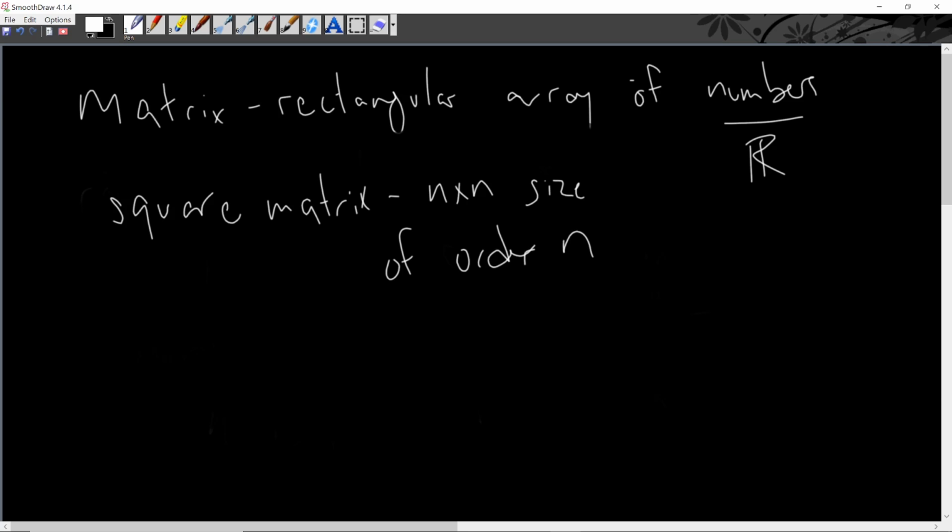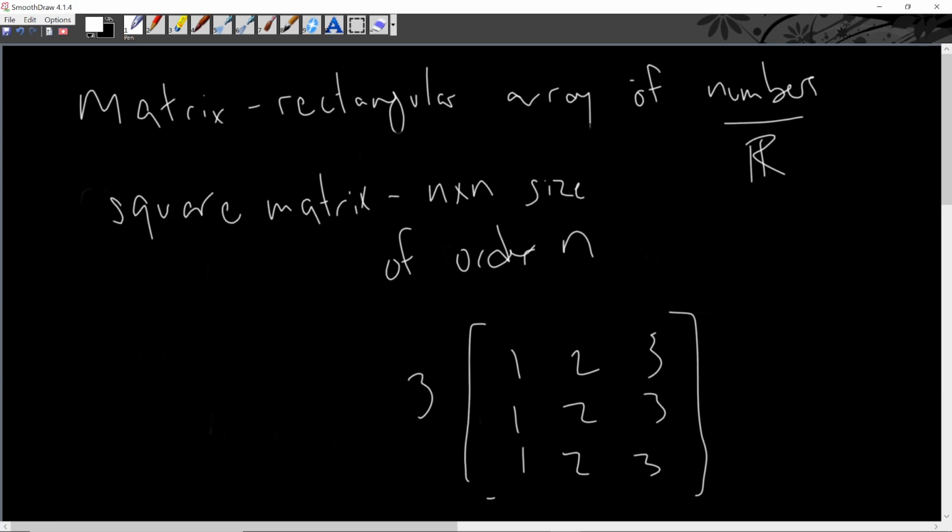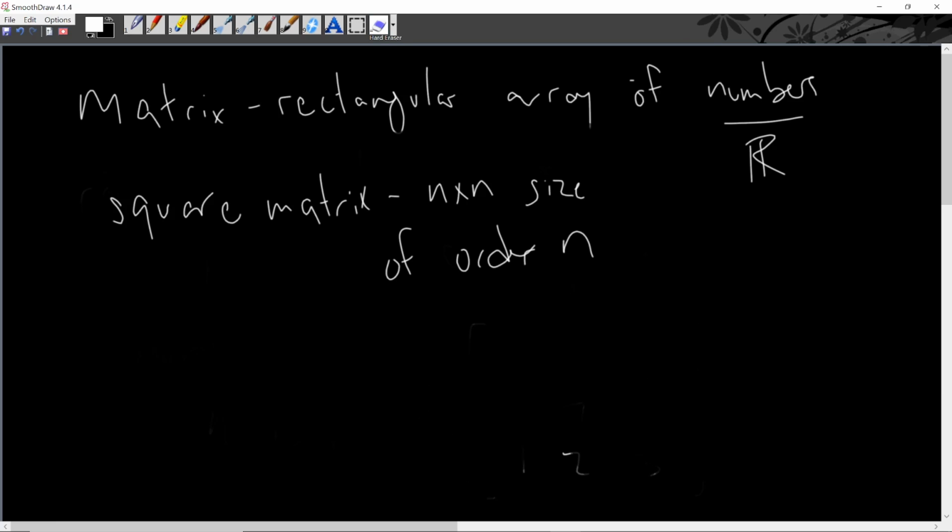Let's very briefly draw something. We'll have 1, 2, 3, 1, 2, 3, 1, 2, 3. There are 3 rows, 3 columns, n by n, and this is a square matrix of order 3. Square matrices are particularly important because we do have to do some somewhat odd stuff when we talk about multiplication. But let's go back to our vectors.